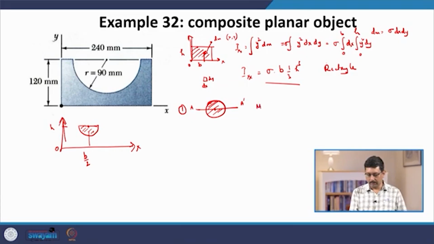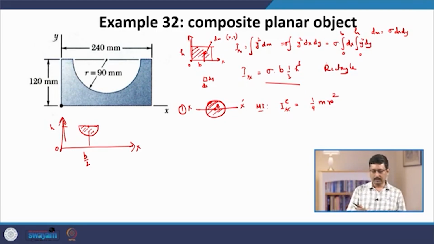So, let us call this point C. I x prime about C, this we have seen before, this is 1/4 the mass times the radius of the circle r square.